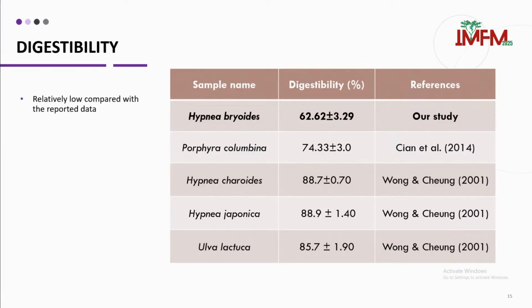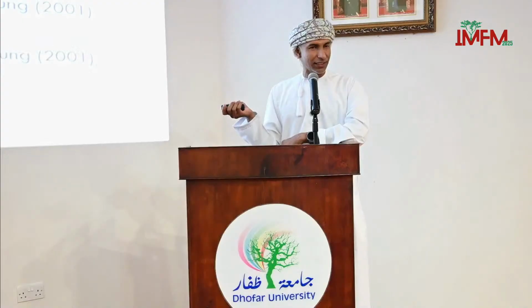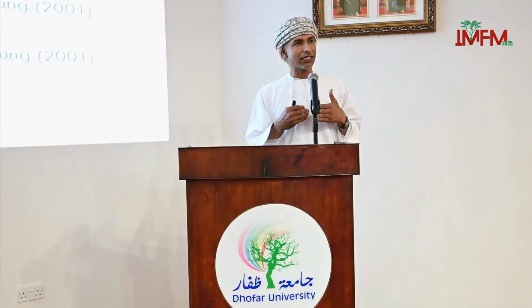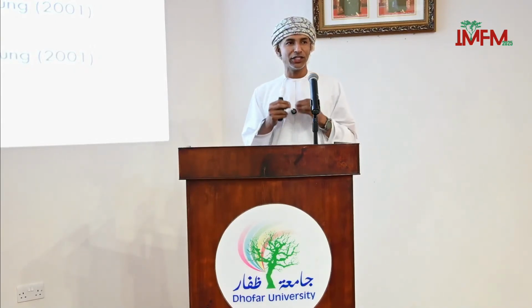For digestibility, we can see that for our plant, the digestibility is around 62%. Other plants showed a little higher. Some of them showed very high digestibility, and this is actually attributed to a very genuine reason.